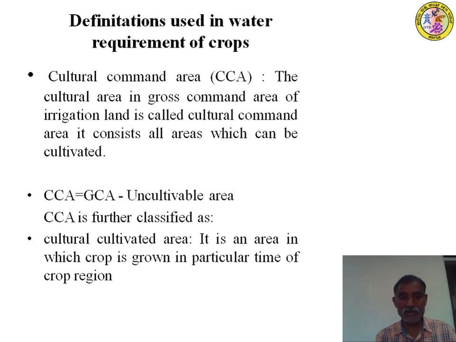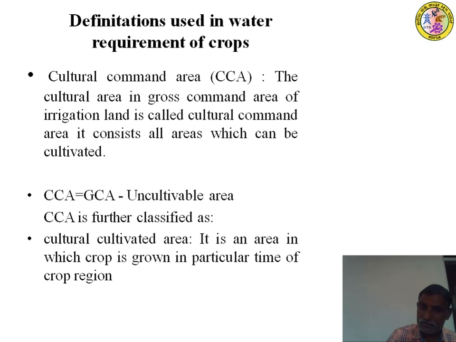CCA is further classified as cultivated area. It is an area in which crop is grown in a particular time of the crop season. Actually you are growing the crop, but out of this CCA some area is left out.